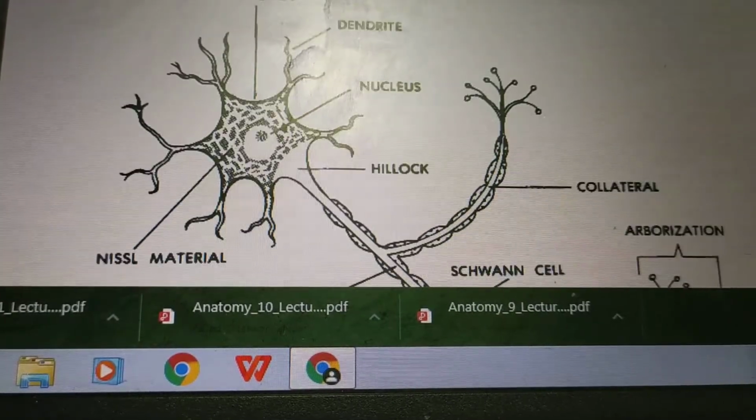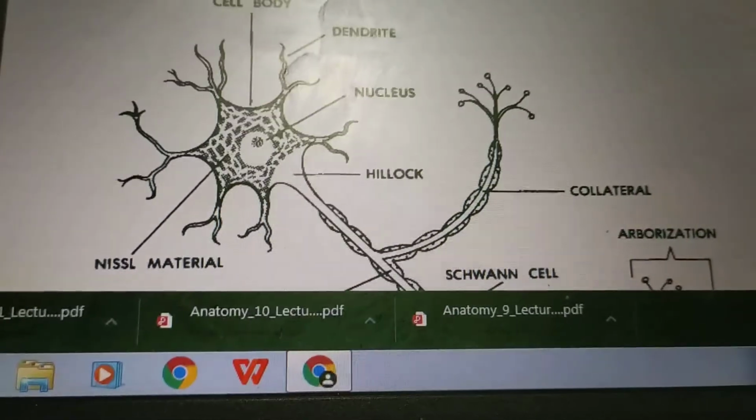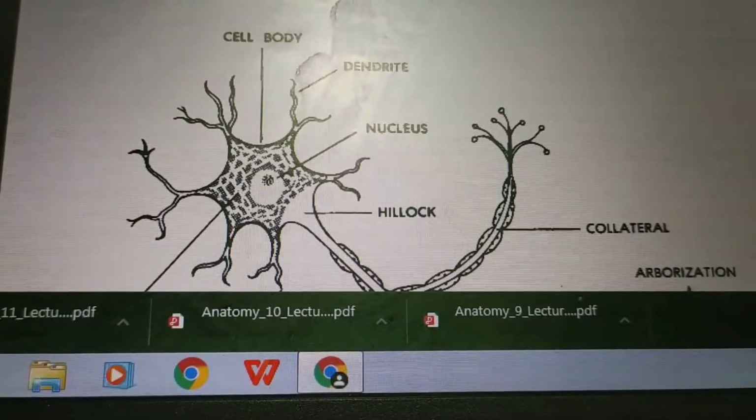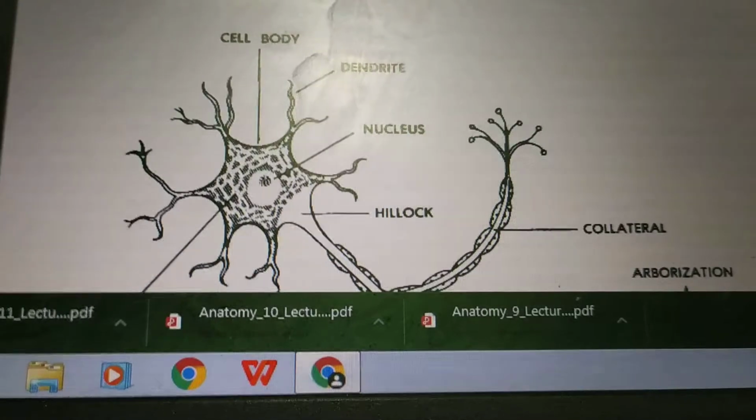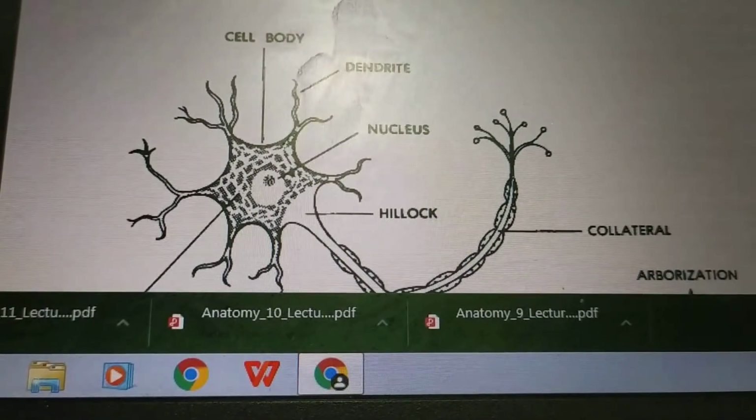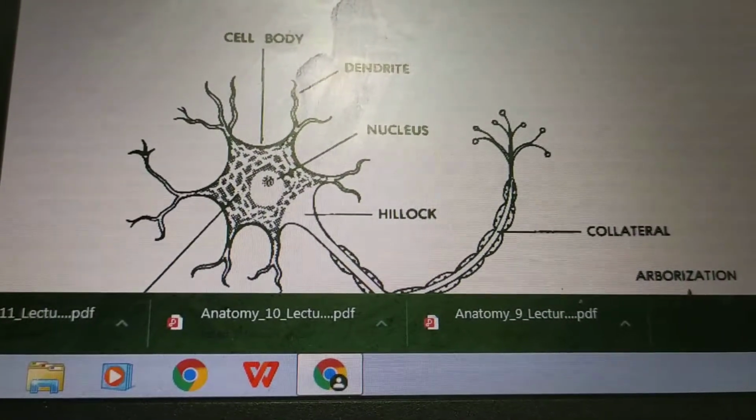And here is the cell body. This is the cell body of the neuron, and something that looks like fiber is called dendrite.